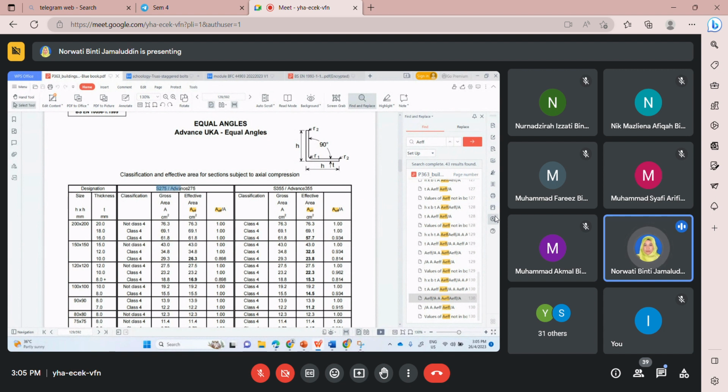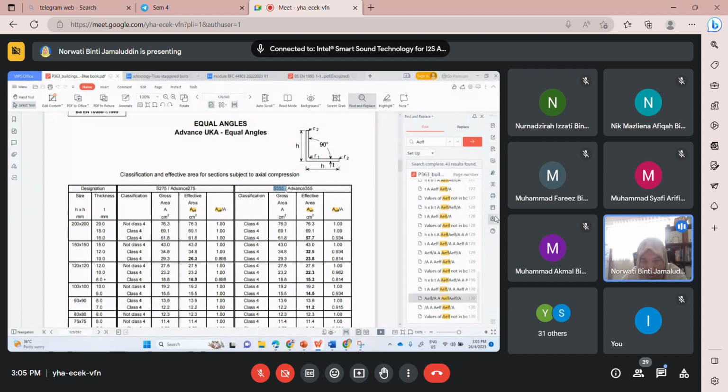This one we refer to as 275. Our case is 355. So plus 4. We find that the section is class 4, which is correct according to this table.